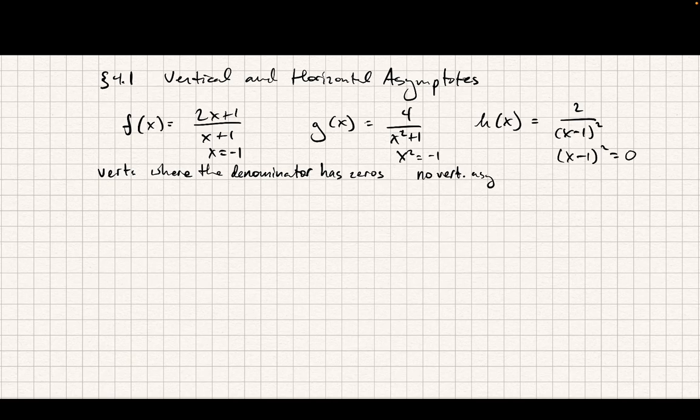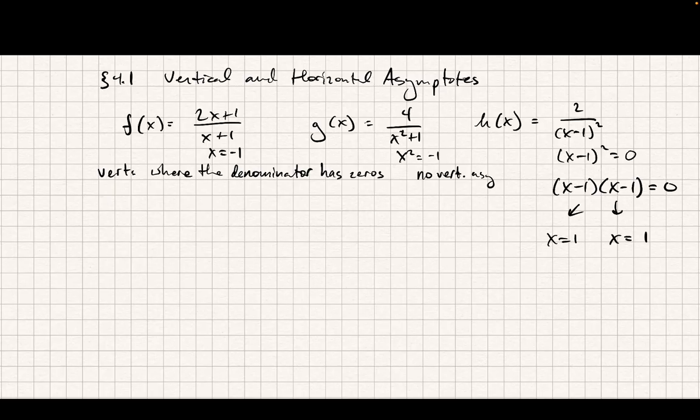I could take the square root of both sides, or I could say x minus 1 and x minus 1 and split it up. So that's x equals 1 and x equals 1.